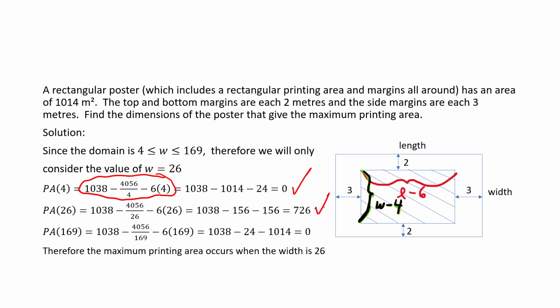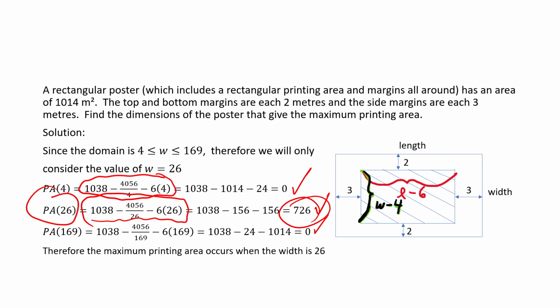We're going to plug 26 in there as well, and 169 as well. When we do all those plug-ins, we see that when we let W be 26 and plug into the printing area formula, we get our maximum possible area of 726.